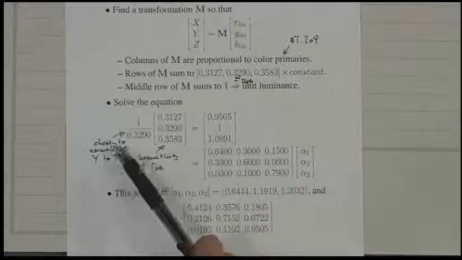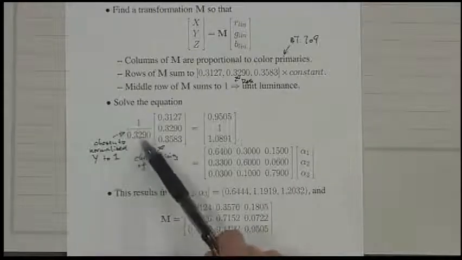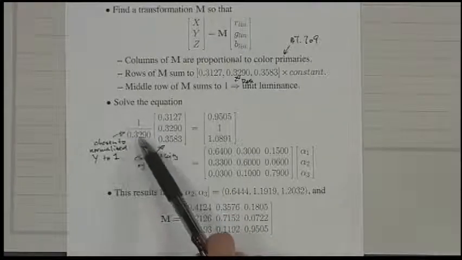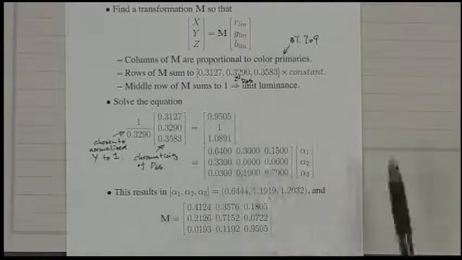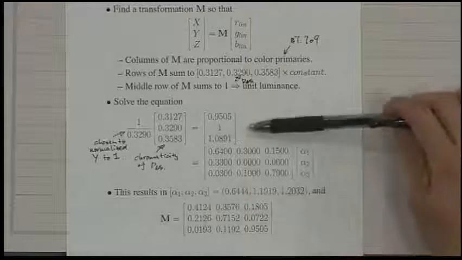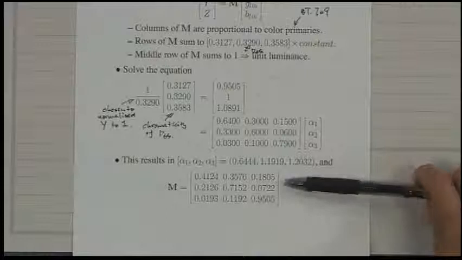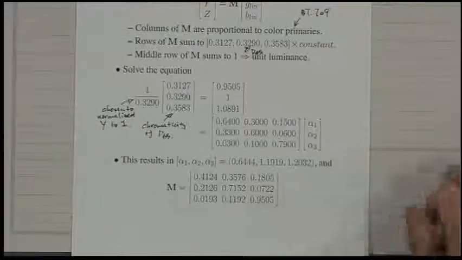Again, we need one more equation to solve all the three unknowns. So we choose this constant to be 1 over 0.329, so that the resulting luminance value of this XYZ coordinate will equal 1. And if you solve this system of equations, then you will get this M matrix transform for sRGB to XYZ conversion.